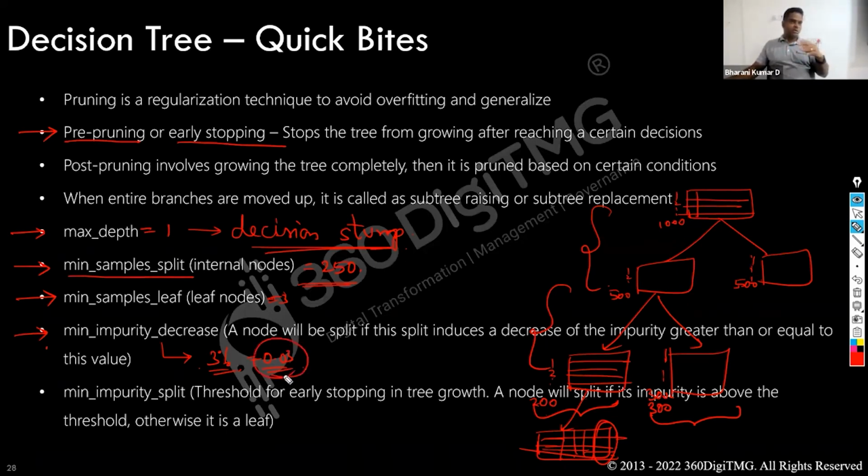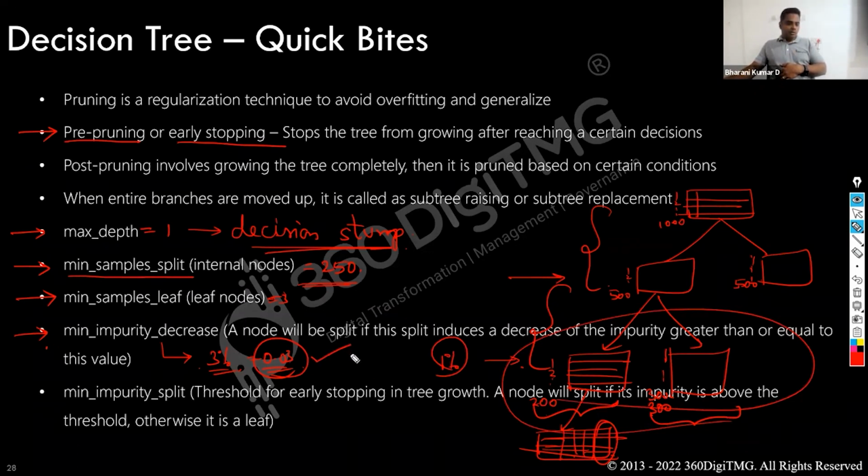So you put here 0.03, but from this level to this level, entropy reduction is say only 1%. So it will not split. You say that doesn't make sense because the minimum reduction is not available. Same is the case with minimum impurity split. If you have minimum of 10% impurity or 20% impurity, then split.